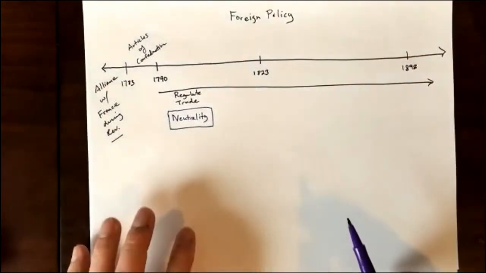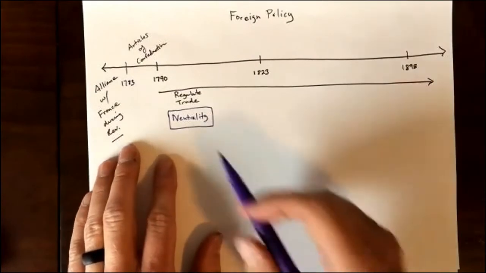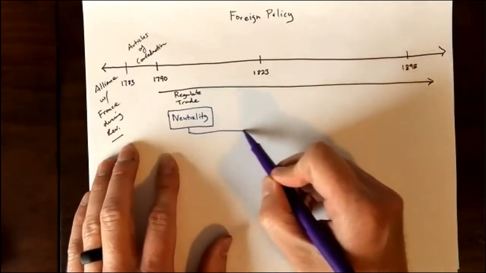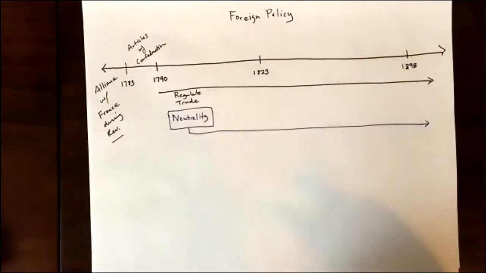So this concept of neutrality is going to last throughout almost this entire time period, where the United States is not going to create any kind of foreign alliances with any other countries. In fact, the first time that we ever see America starting to join foreign alliances isn't until 1898, after 1898, in the next period that we're going to talk about.